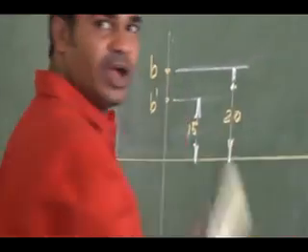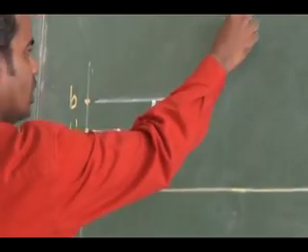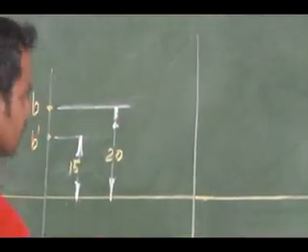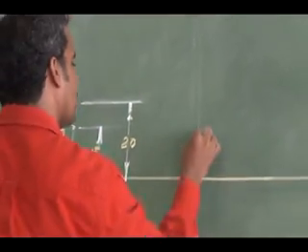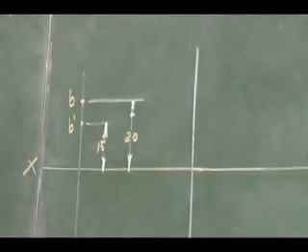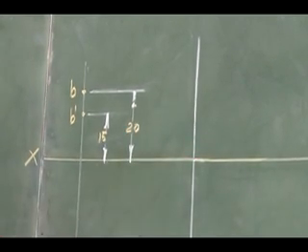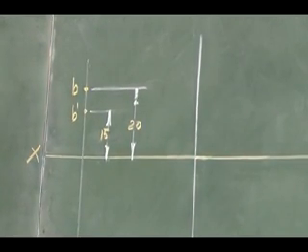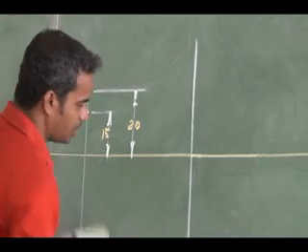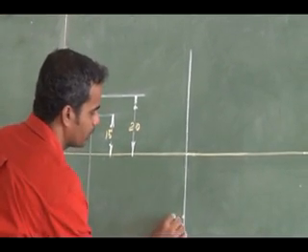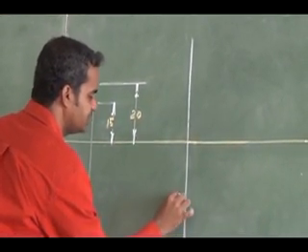So I can draw a common projector line. You have to place it neatly, giving even space. See here, b dash is 20 mm below the reference line, so I mark 20 mm for b dash.